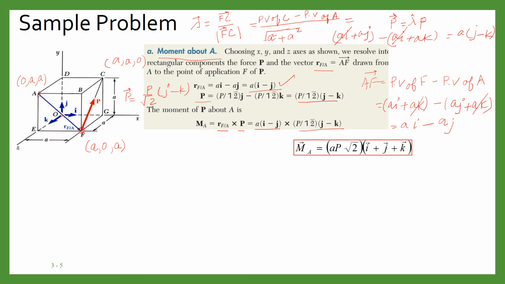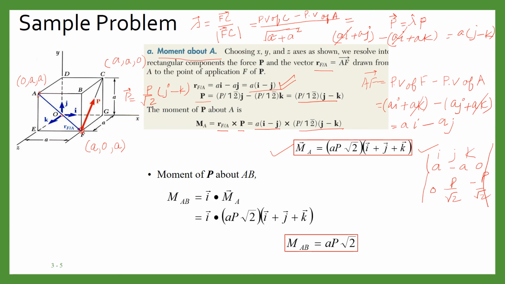Okay, so when you take the cross product you will get this answer, and you can take the cross product by simply writing this i, j and k, and here you will have a, minus a and 0, this one, and here you have 0, P by root 2 and minus P by root 2. So when you open the determinant you will get this answer.